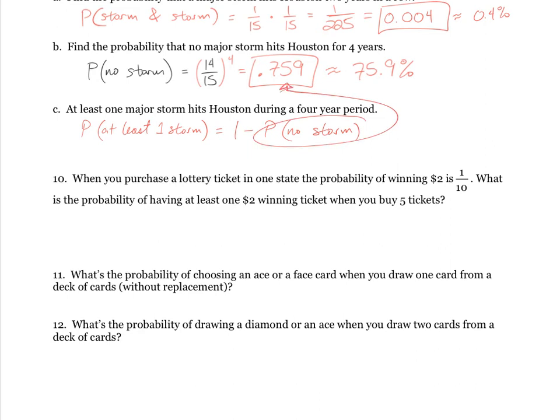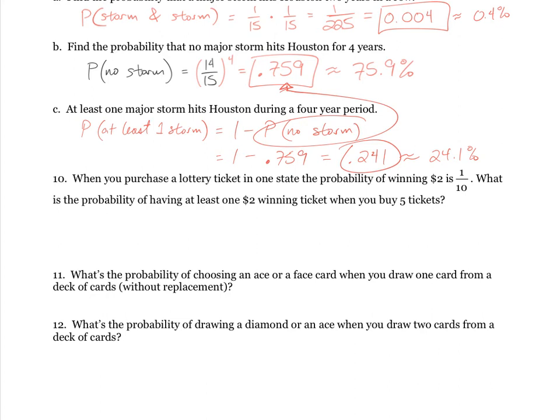So 1 minus 0.759 is 0.241, or 24.1%. So over a 4-year period, there will be a 24.1% chance that we get a storm, which is still pretty low. I still feel pretty safe about that.